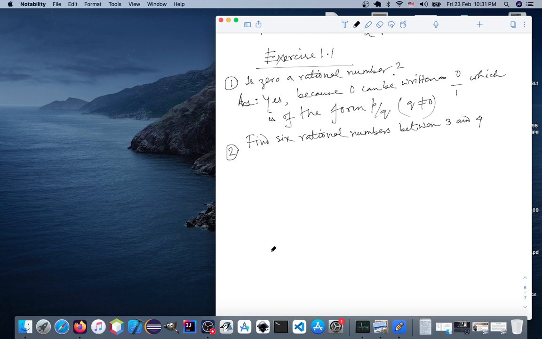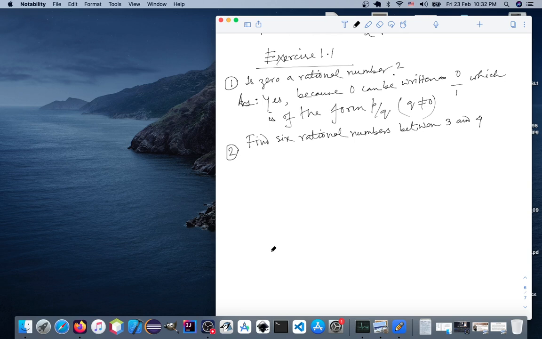One thing you must realize is that method 1, using the formula (r + s)/2, gives a rational number between r and s. If we use this method to find multiple rational numbers, like 5 rational numbers, it will be lengthy, because first you have to find a rational number between 3 and 4, and then again between two other rational numbers, and again between two other rational numbers.